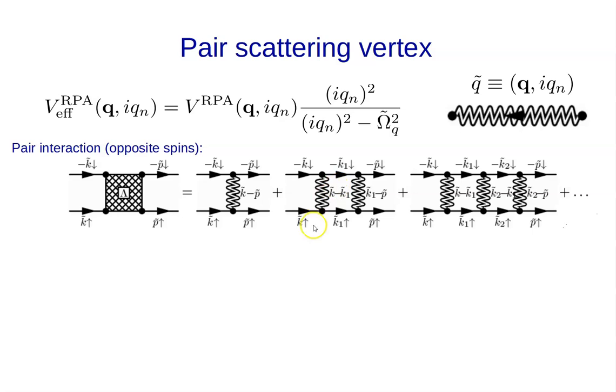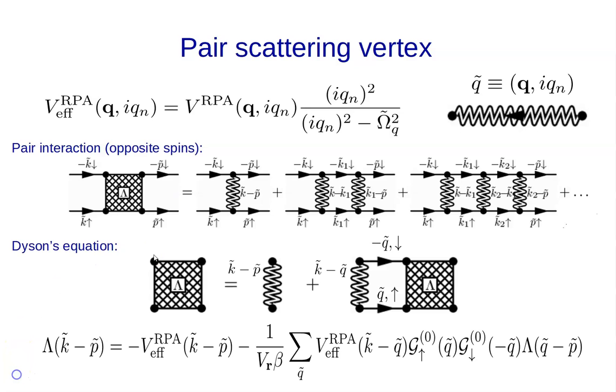So K minus K1, K1 minus P, K1, K2 minus P again, and so on and so forth. And that's the type of diagram, or pair, that we can evaluate using, say, a Dyson's equation. So let's see how it works.